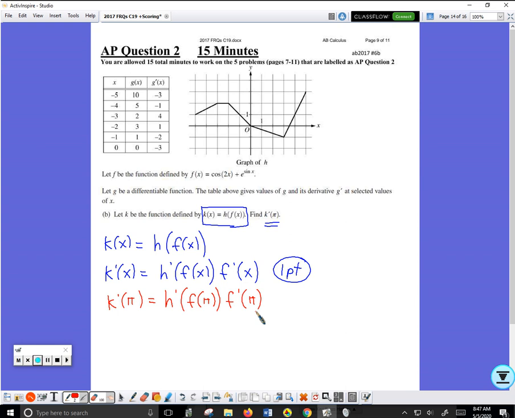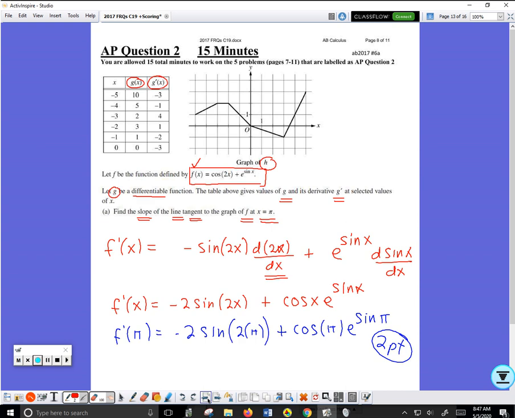So part A, we found what f prime of pi is equal to, although we didn't really work it out. We don't have to work it out. You can literally plug in this entire thing for f prime of pi right here.